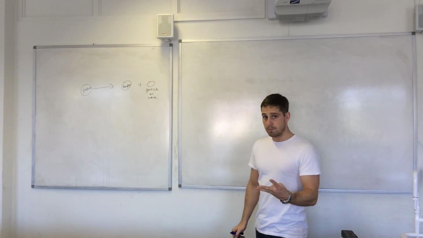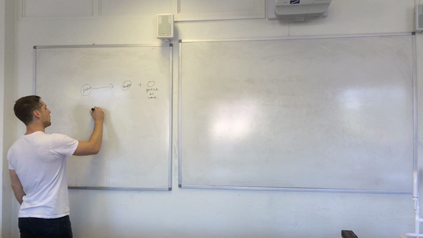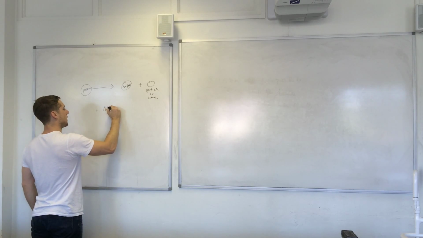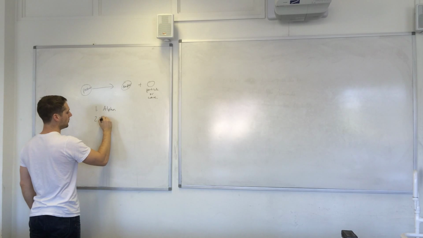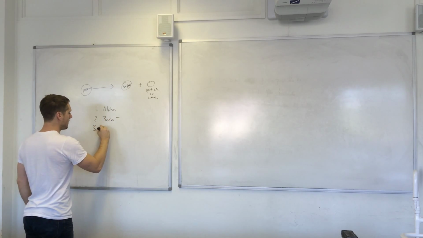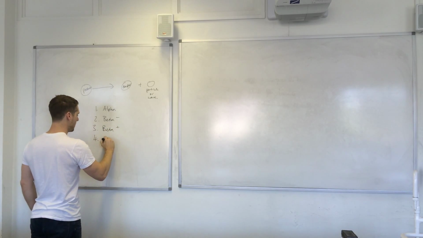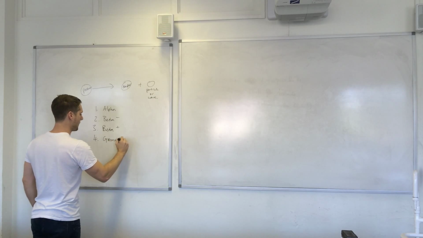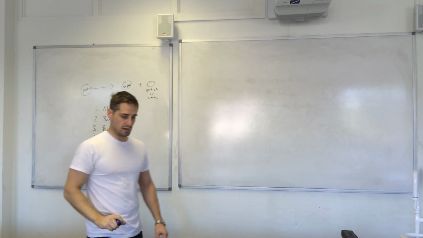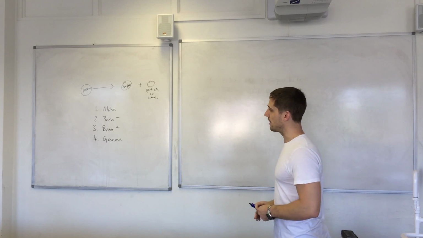There are 4 types of radiation that you can have. 1, you can have alpha radiation. 2, beta minus. 3, beta plus. And 4, gamma.